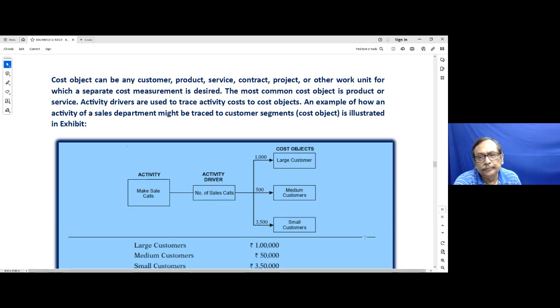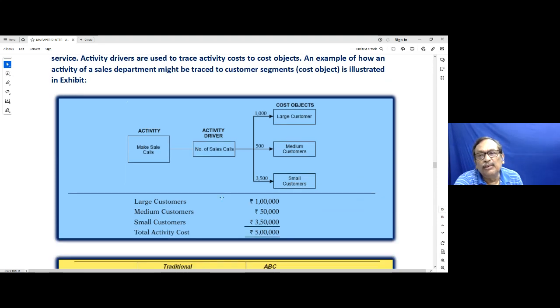Just have a look. First, we are going to have the activity. Making sales call, that is an activity. Activity driver will be number of sales calls. And we are having cost objects, 3 different cost objects. Large customers, that is 1000.